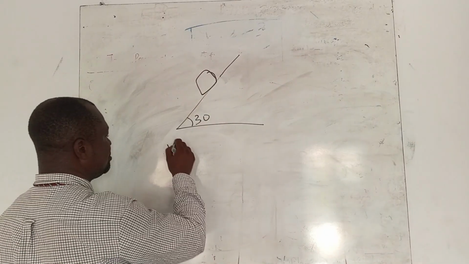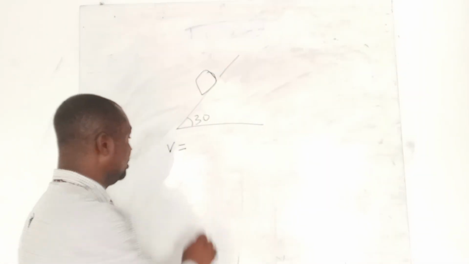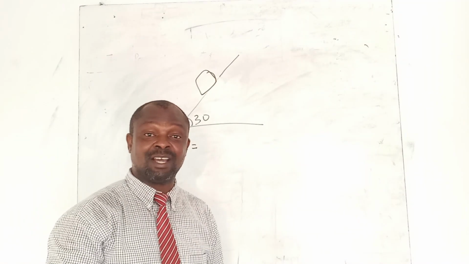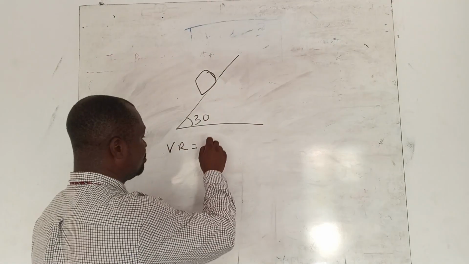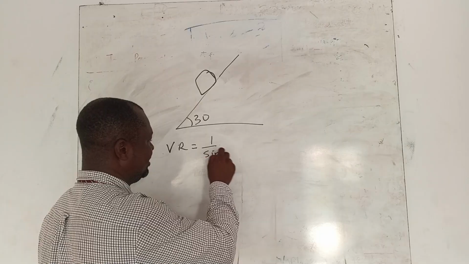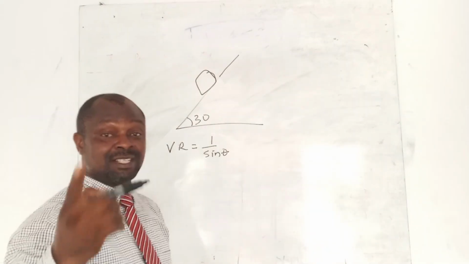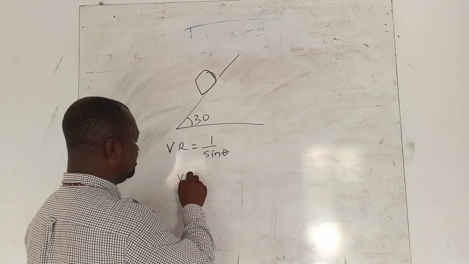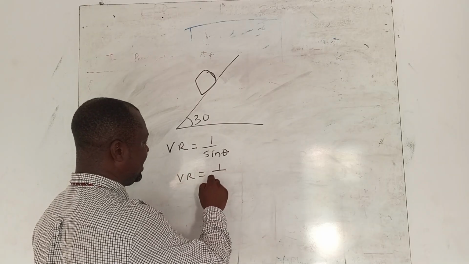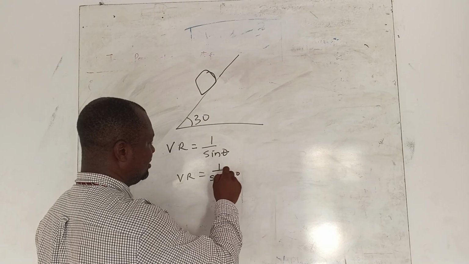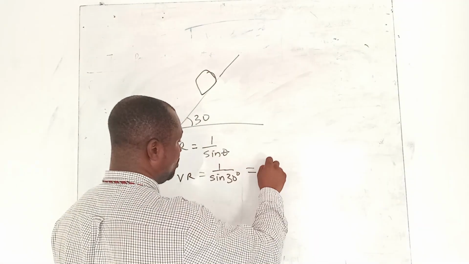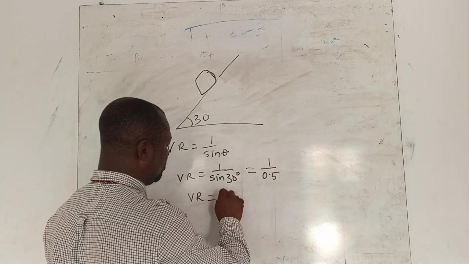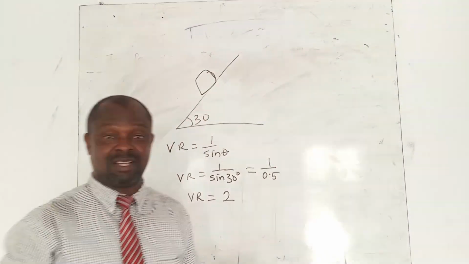The velocity ratio of an inclined plane, inclined at an angle theta, is equal to 1 divided by sine theta. The theta in this case is 30. So velocity ratio is equal to 1 divided by sine 30. Sine 30 is 0.5. So 1 divided by 0.5. The velocity ratio is equal to 2. It's as simple as that.